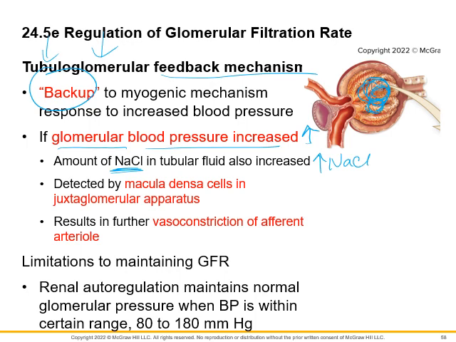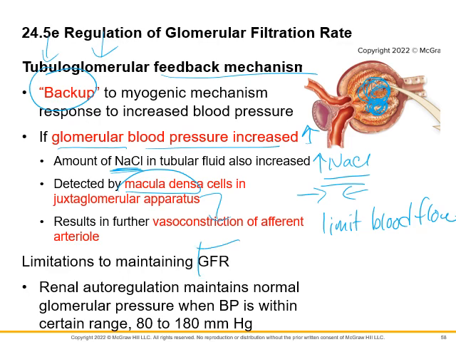So if I have increased blood pressure inside the glomerulus, I have increased sodium chloride, the macula densa cells are going to detect that, and they're going to send a message to the granular cells, and it can cause vasoconstriction of the afferent arteriole. So increased sodium, because blood pressure is too high, we're going to have constriction, we're going to limit blood flow so that we can get to a normal glomerular filtration rate.